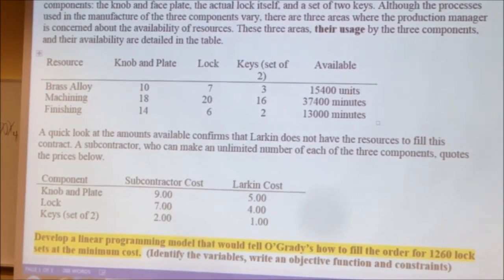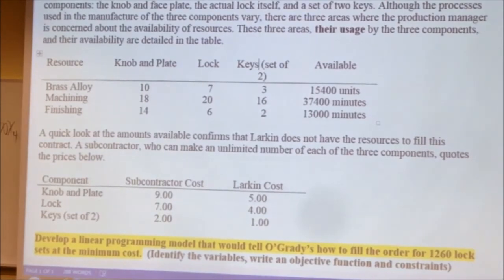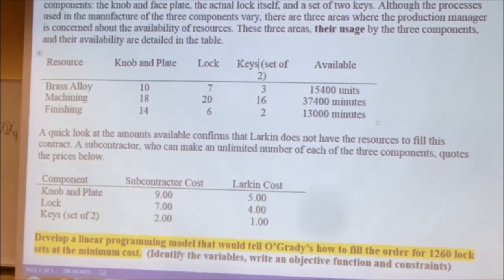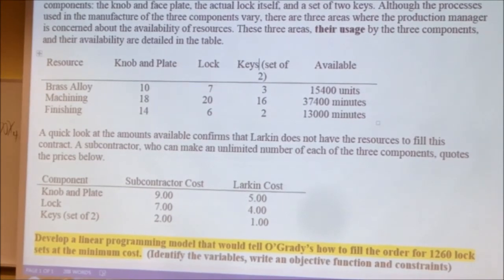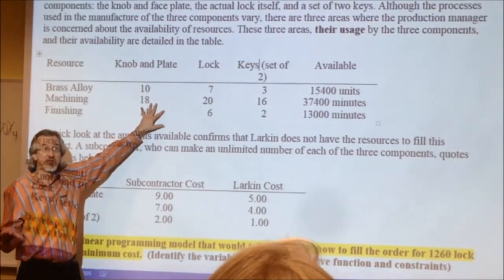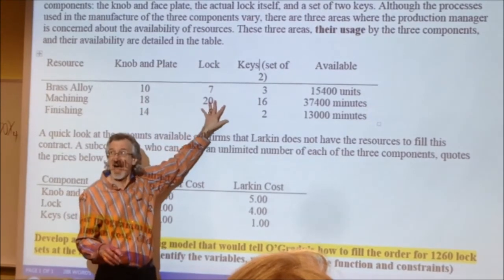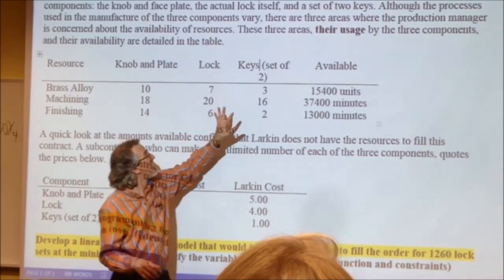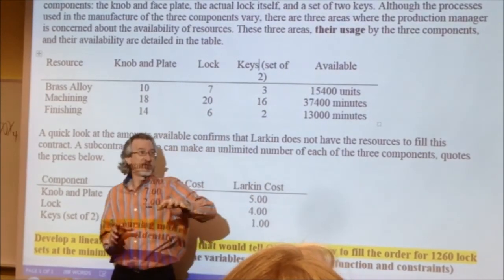How many decisions do you see at first glance? 3 would be if we could make them all. That's 9. But say it again. 9. I don't know if there's 9. 6. I see 6. The decision is, you're figuring out how many knob and plates we're going to schedule for production, how many lots we're going to schedule for production, and how many sets of 2 keys we're scheduling for production.